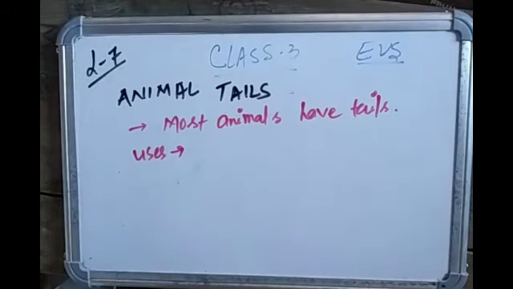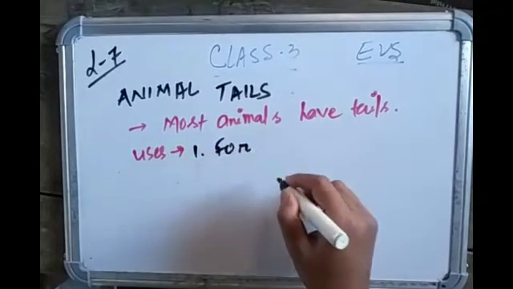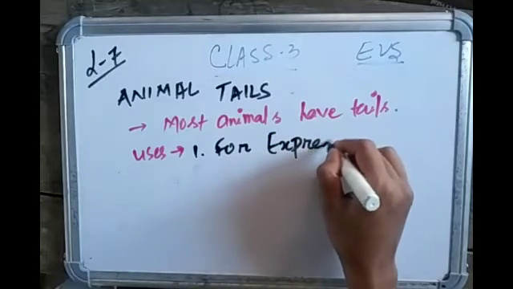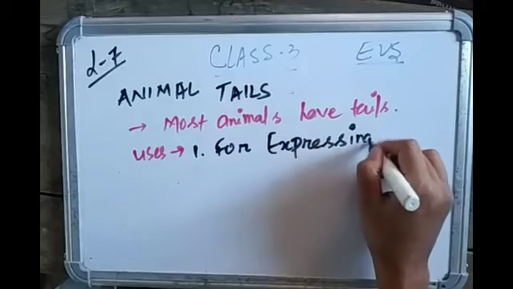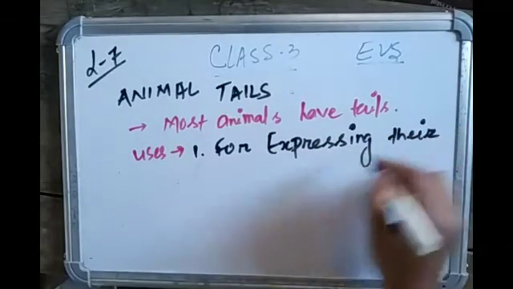When you look at your textbook, you will find 4 different types of uses along with the examples mentioned in your textbook. Number 1, for expressing their mood.